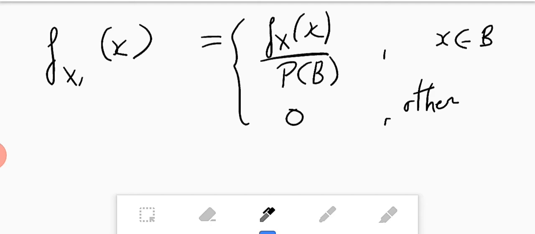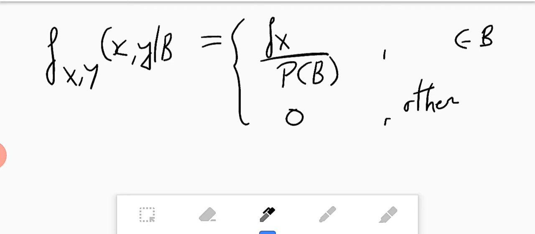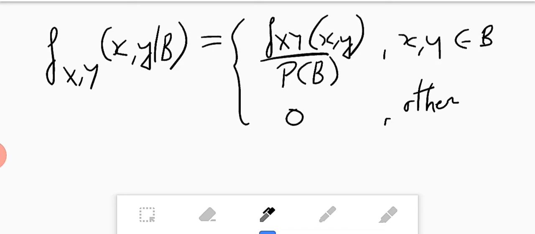Now for the joint case, let me erase and make the changes right there. And in this case, both x and y should be within the event B limits.